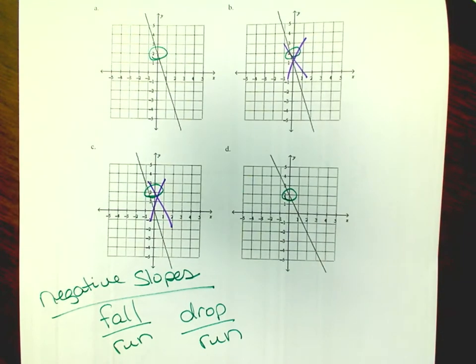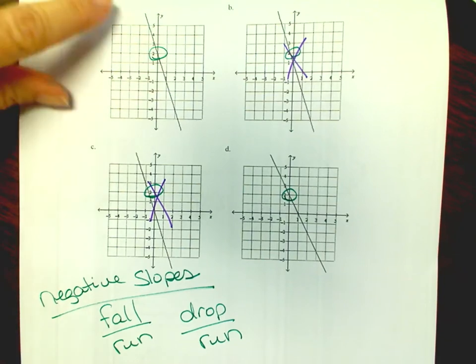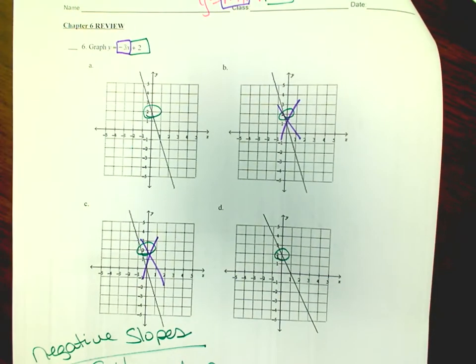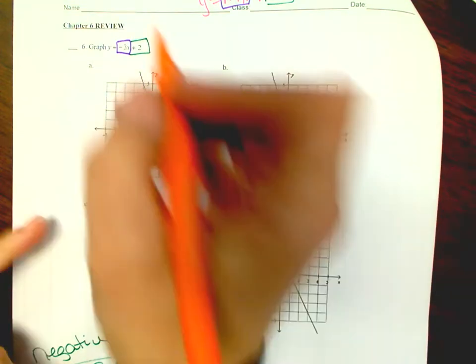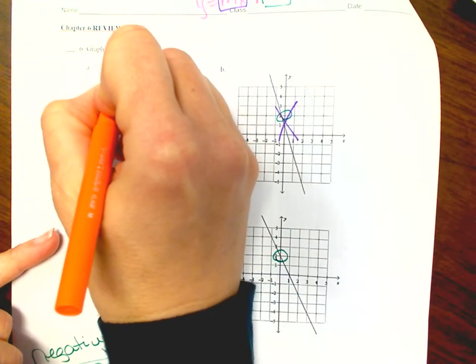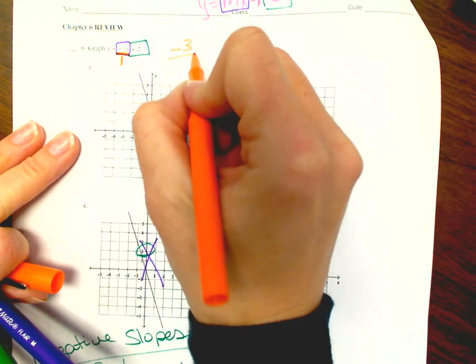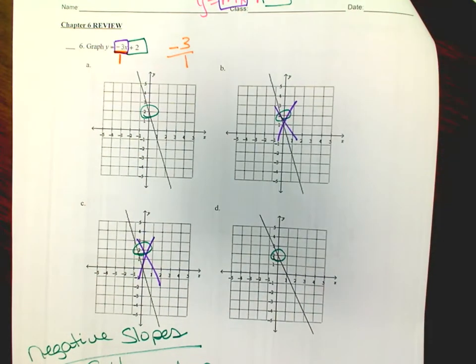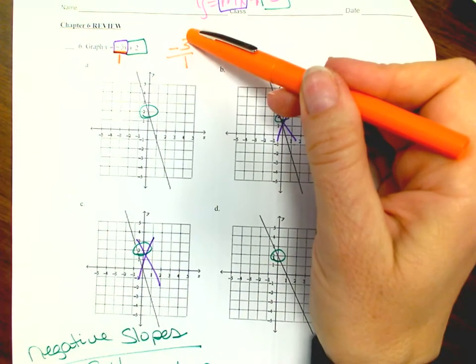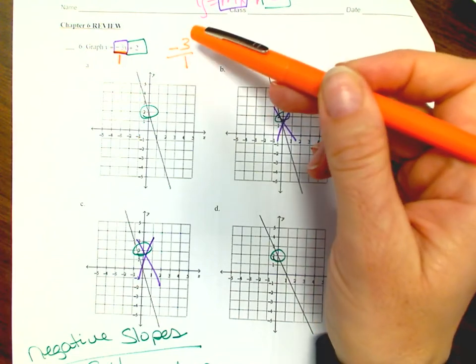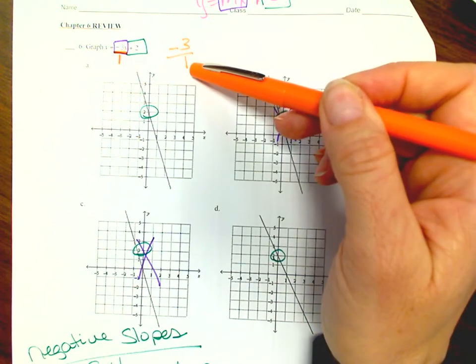Okay. So out of the 2 remaining, which one can you fall 3 and run 1? Because we know a whole number can be turned into a fraction by placing a 1 under it. So you fall and run, or drop and run.